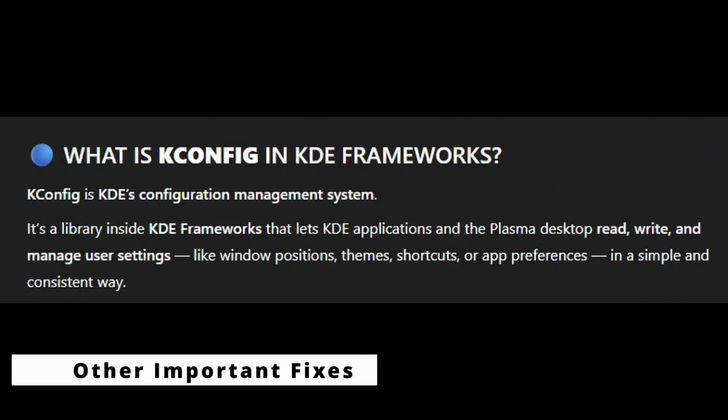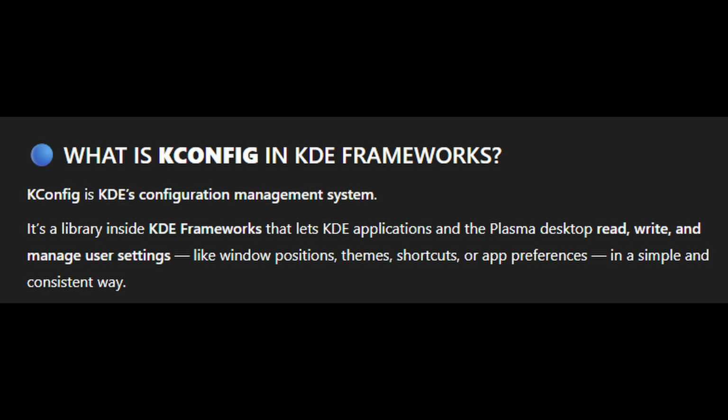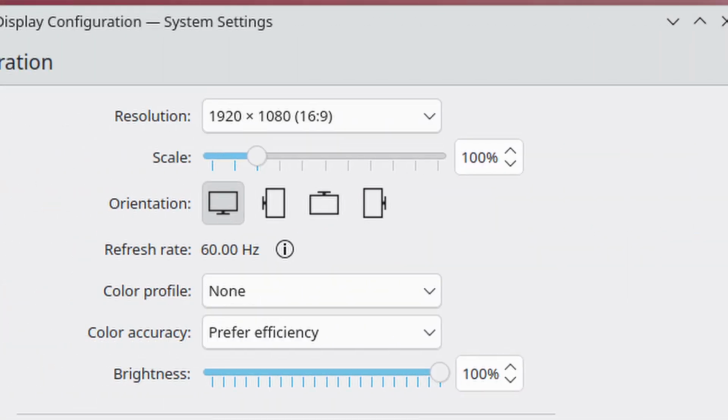Some other noteworthy fixes include: they resolved a bug in kconfig that could stop Plasma from launching if KDE Frameworks was built with asserts enabled. They fixed a crash in KWin, the window manager, which could occur when changing monitor arrangements while the overview effect was open.